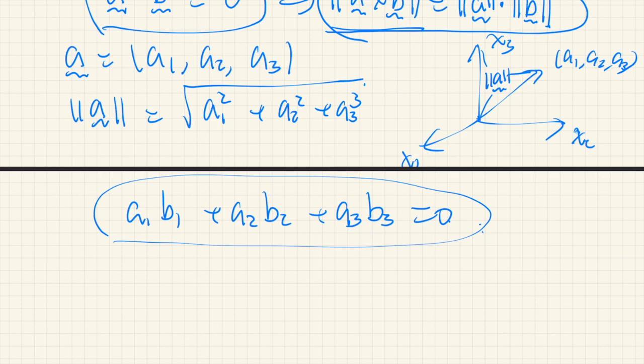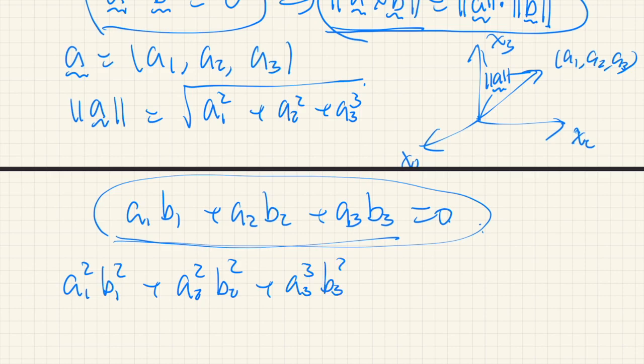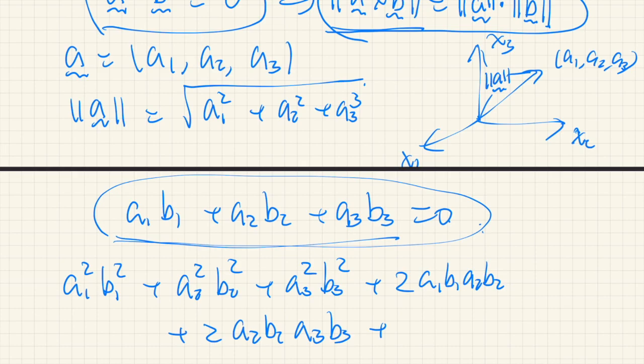Then we have A1 squared B1 squared, A2 squared B2 squared, A3 squared B3 squared, and 2 A1 B1 A2 B2, plus 2 A2 B2 A3 B3, plus 2 A3 B3 A1 B1, equals 0.